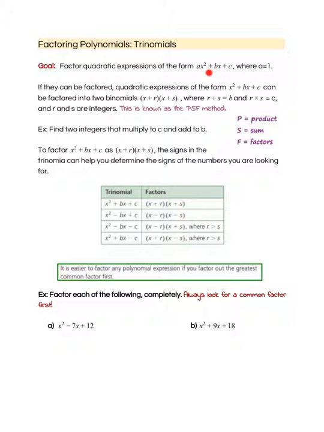And if we multiply r times s, we get our c value. That's why we call it the product sum factor method, or PSF method. I've given this little table as a breakdown to help you with signs, so let's look at it for a second.